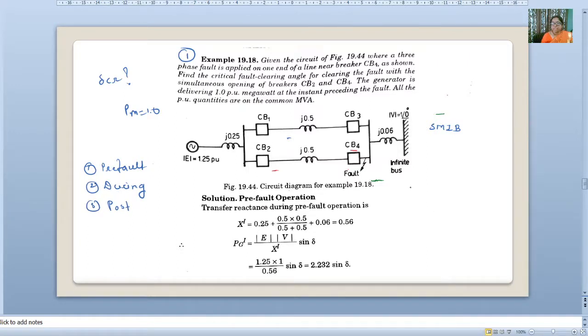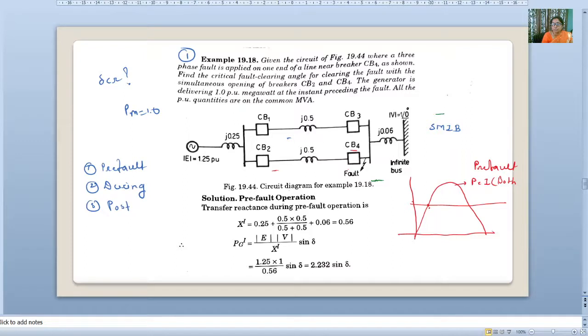If I want to plot the power angle curve, whenever you solve the problem you have to draw it. This will be our PE1, where both lines are working. This is our pre-fault condition, when everything is running normal. Here this is our PM line. The fault is on one end of the transmission line.